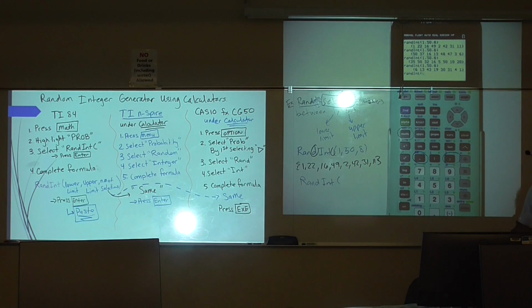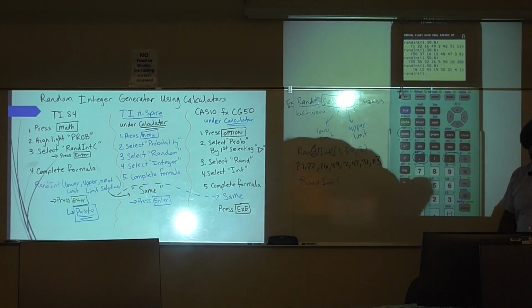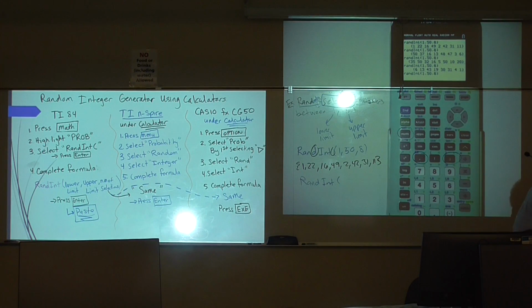If it's a TI-83, it's different, so be sure to check. But doing this, what we're looking at is 1, comma, 50, comma, 8. So we're getting the same formula, and all we have to do is enter it, and it gives its own random set.